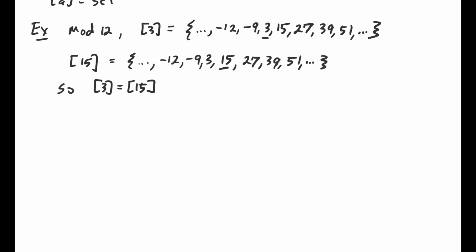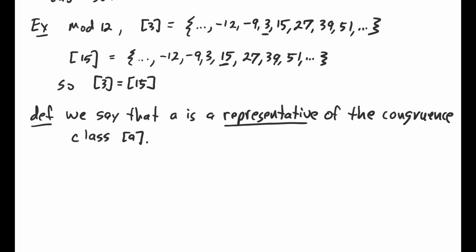I want to emphasize again that the fact that different numbers generate the same congruence class happens a lot, and you have to be careful. In fact, we're going to add a definition here on the representative of a congruence class.